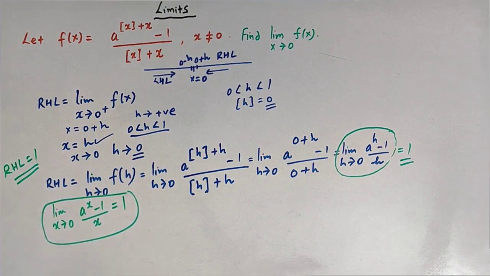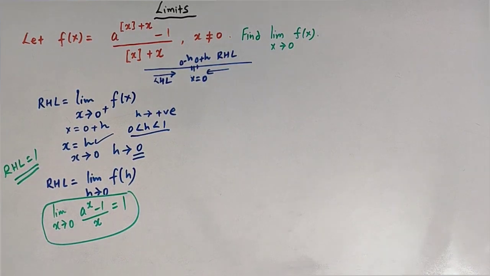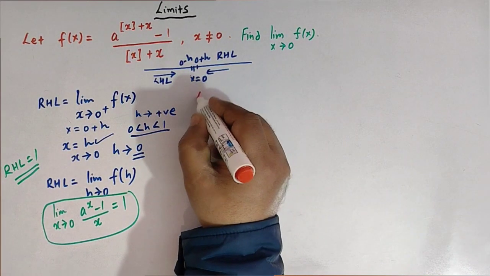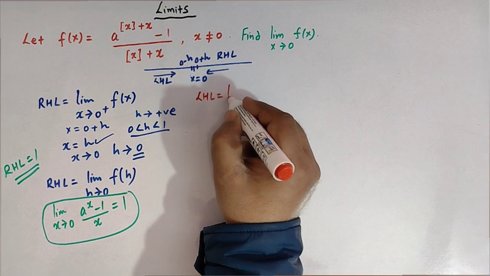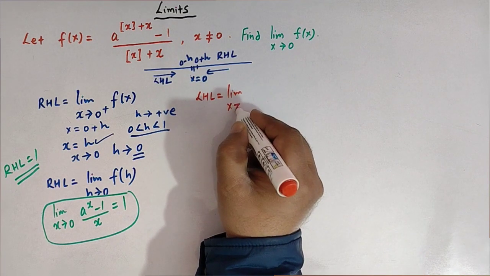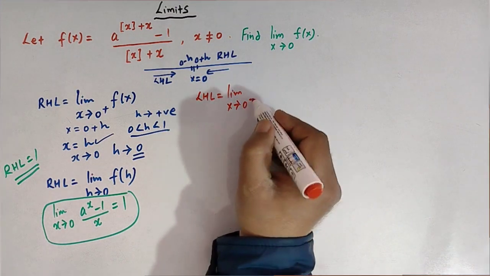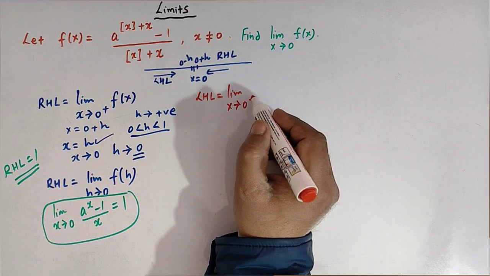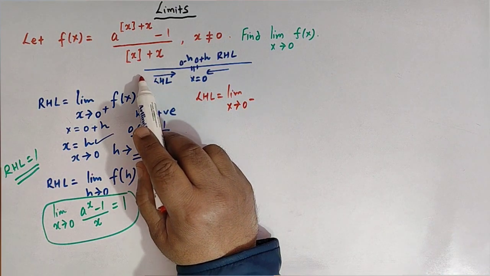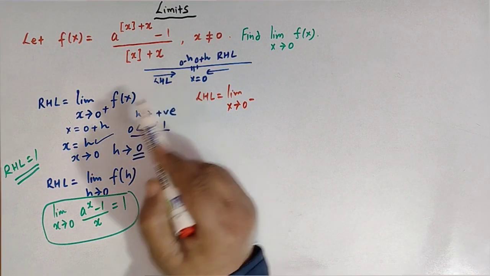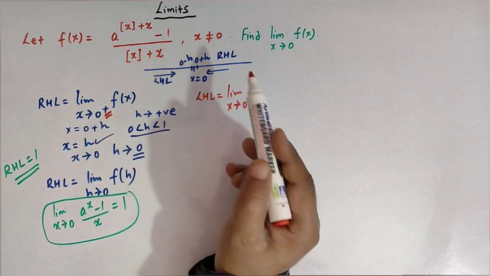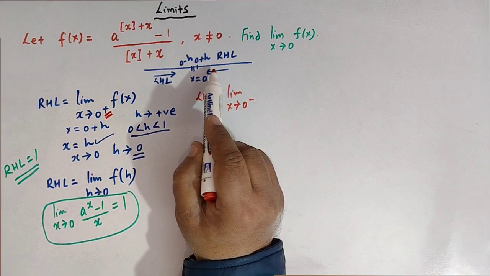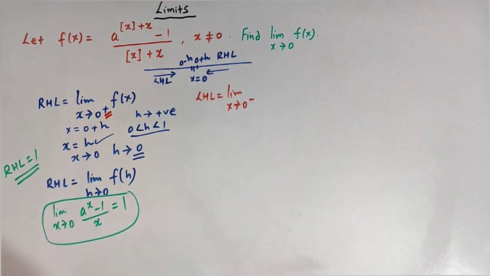So now let us find out the left hand limit. Now the notation for the left hand limit is limit x tends to 0 minus, right? So this negative sign shows that now we are approaching from the left of x is equal to 0, and this positive sign shows that we are approaching from the right of x is equal to 0, right?